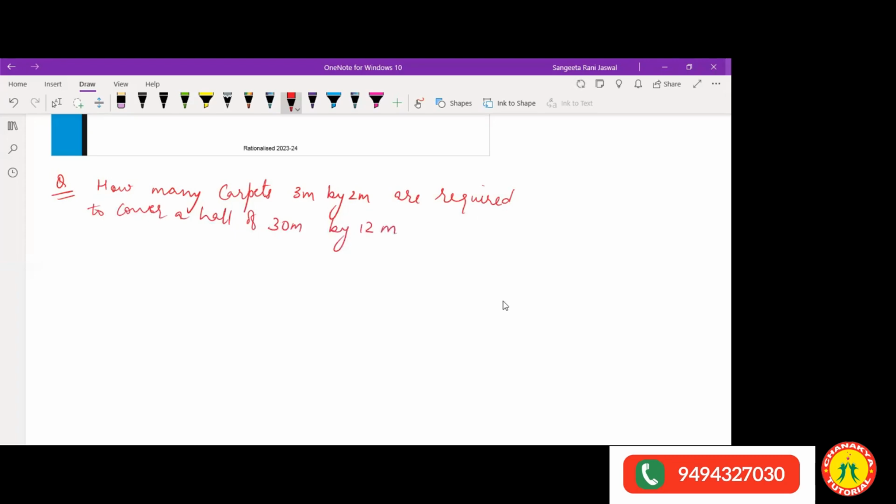How many carpets are required to cover this much dimensional hall? So this you will find out. We'll do some questions here and I'll give you some questions for homework also. Okay, do this.